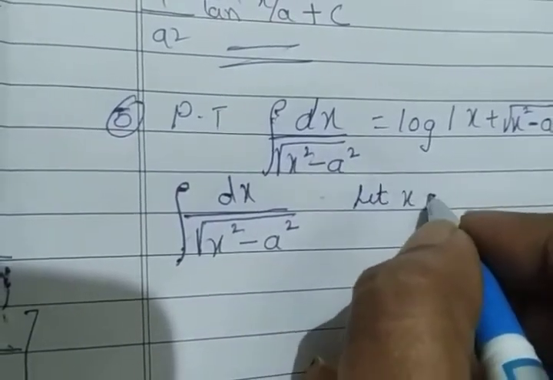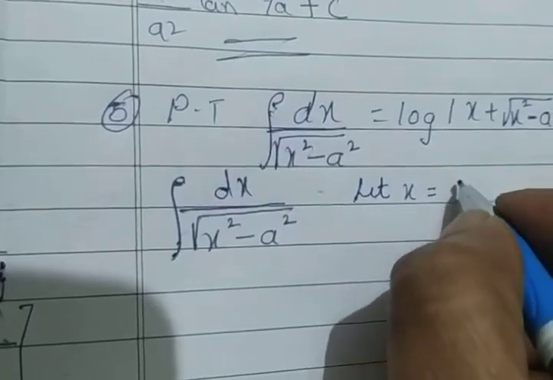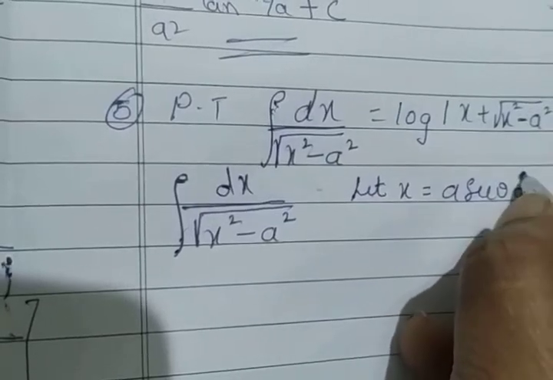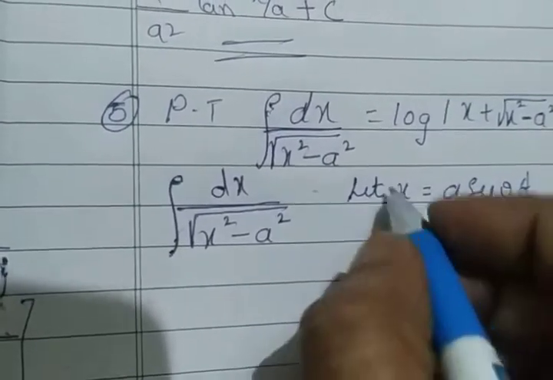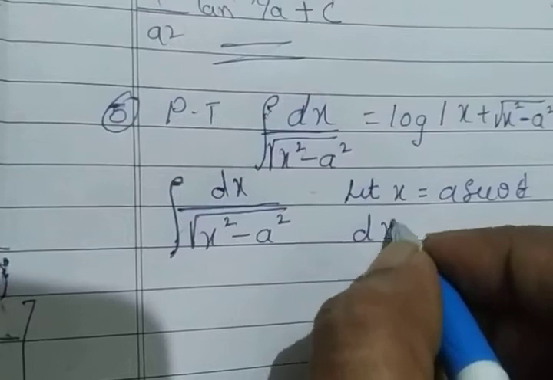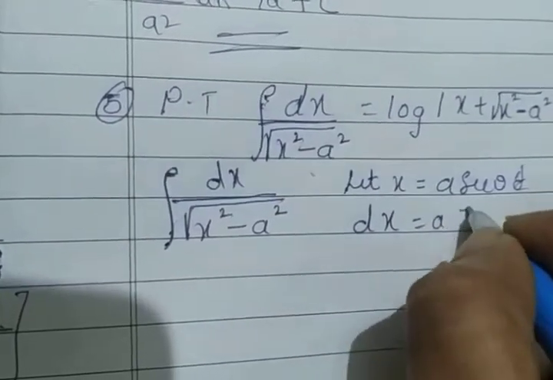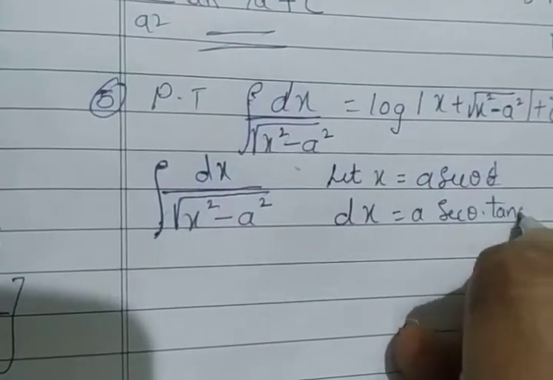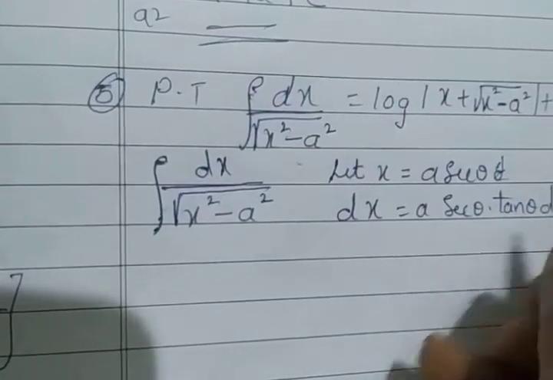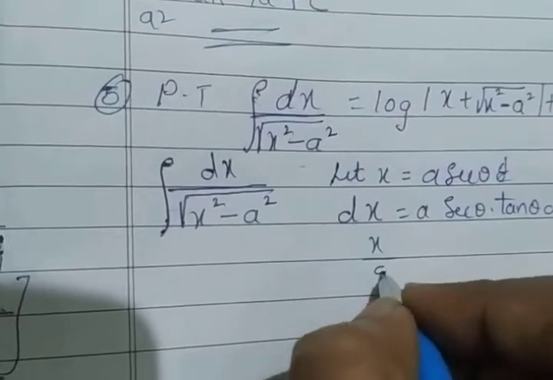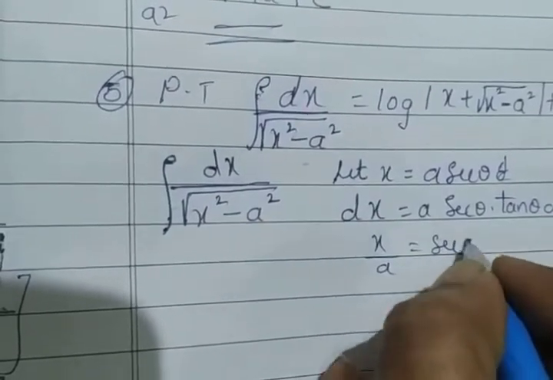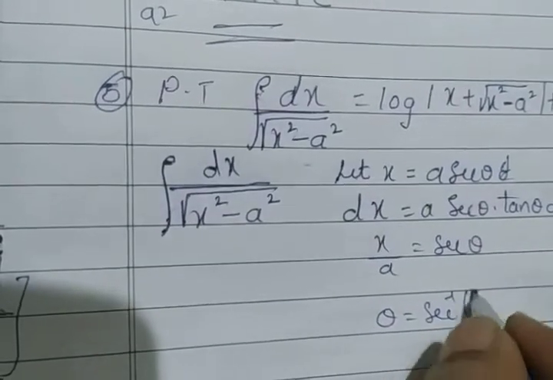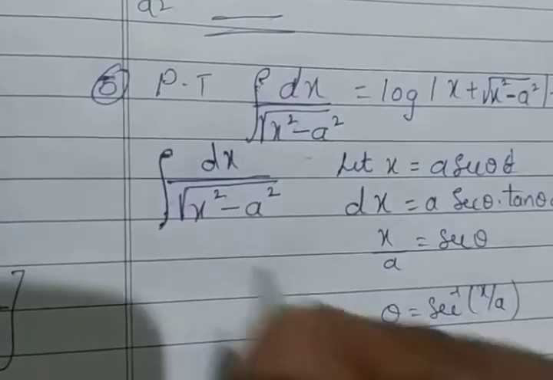Let x is equal to a secant theta. So if you differentiate, it becomes dx is equal to a secant theta tan theta d theta. So x by a is equal to secant theta, and theta is equal to secant inverse of x by a.